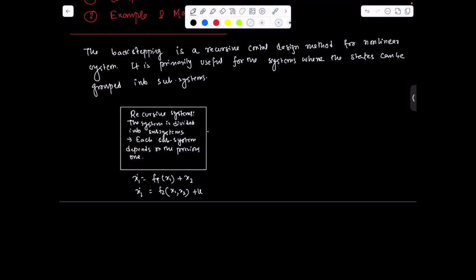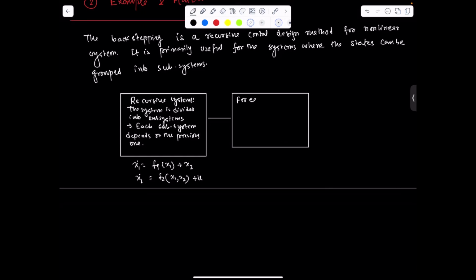Once you have done this part, we'll move to the next part. Here for each subsystem, a virtual control will be considered, which serves as a reference signal for the next subsystem.